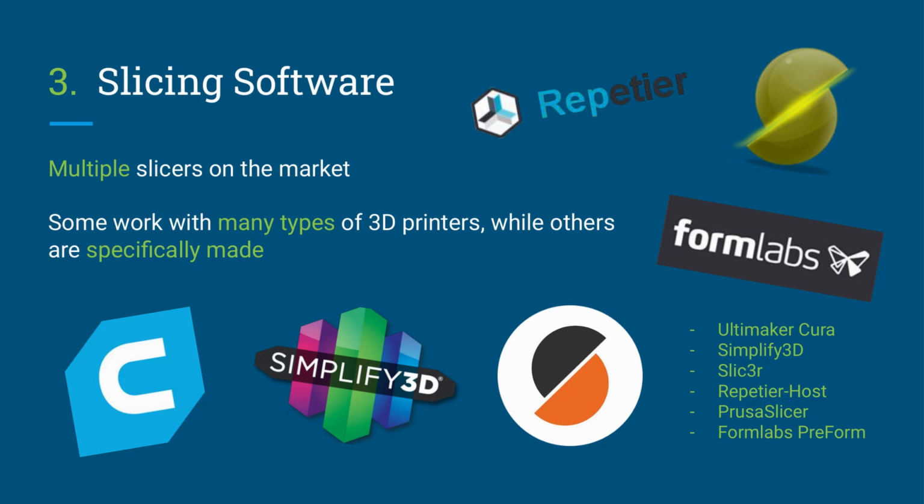Like Formlabs Preform is made specifically for Formlabs 3D printers. Just like Prusa Slicer is made specifically to work well with Prusa 3D printers. But some like Cura and Simplify 3D are made for many, many types of 3D printers, and you can use them on most 3D printers.